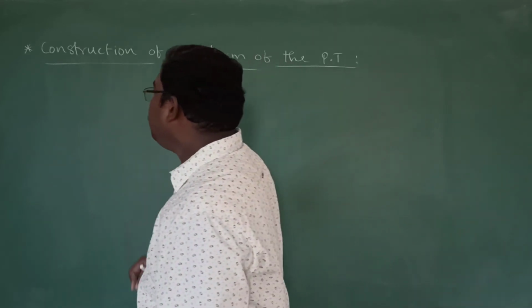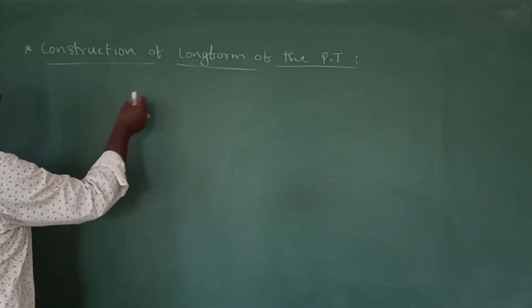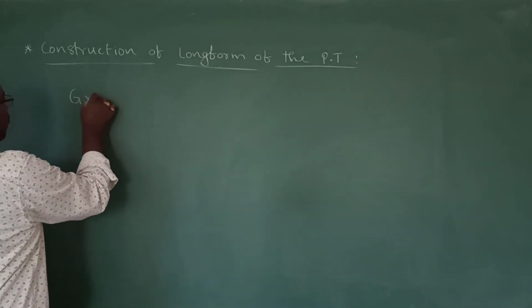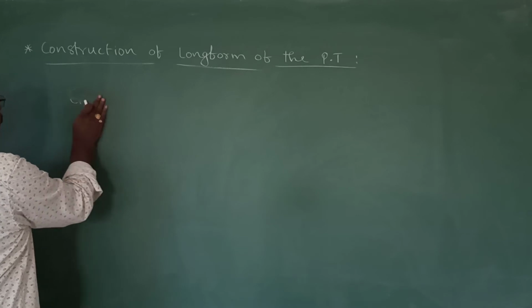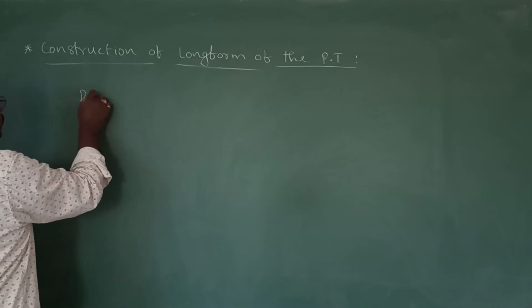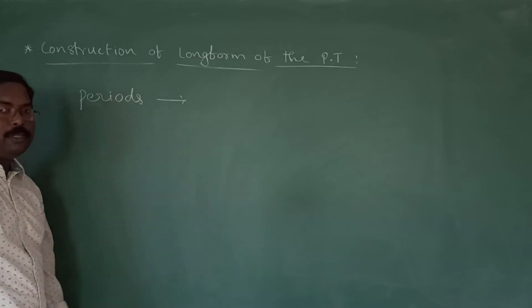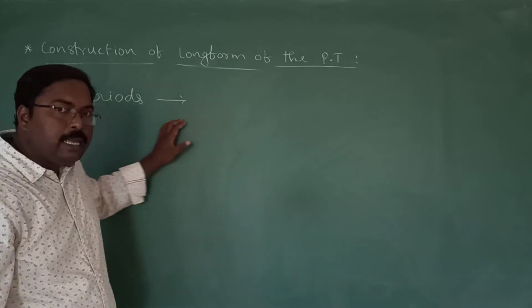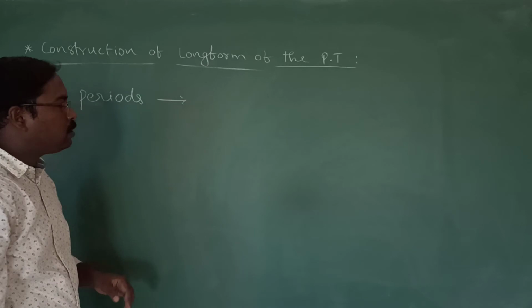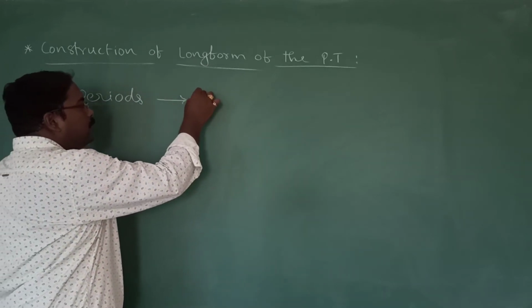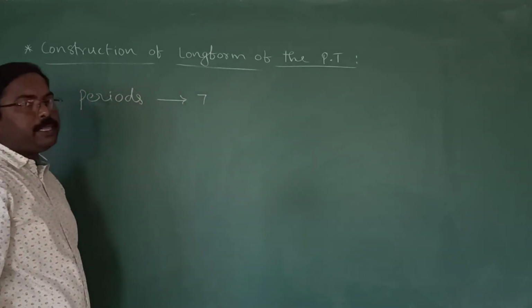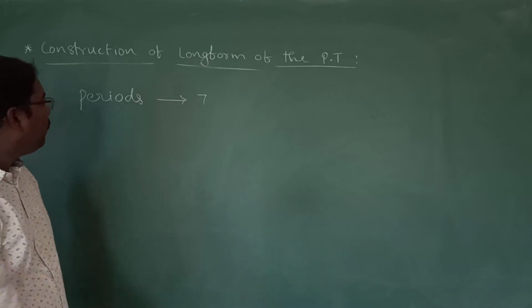Now coming to this long form of the periodic table, let us first discuss periods. Periods means the horizontal rows. There are 7 periods in the long form of the periodic table.